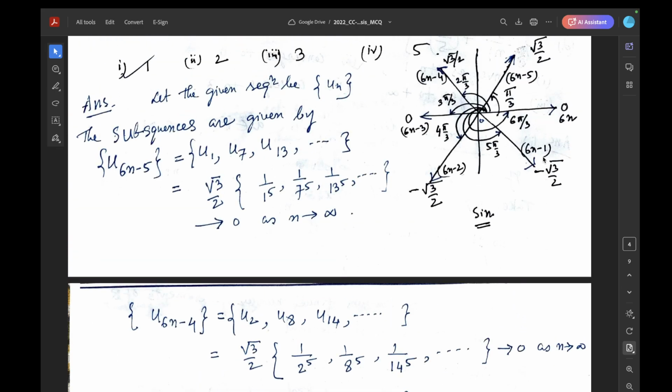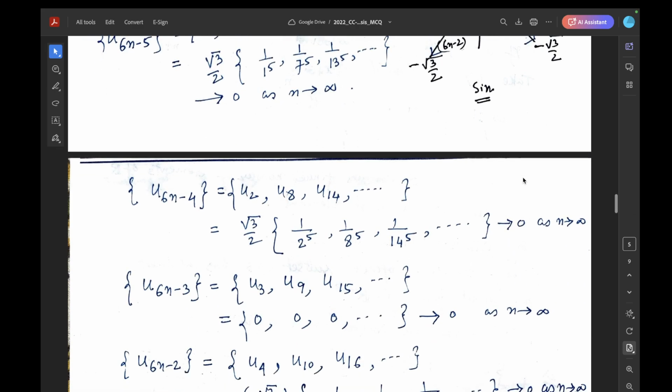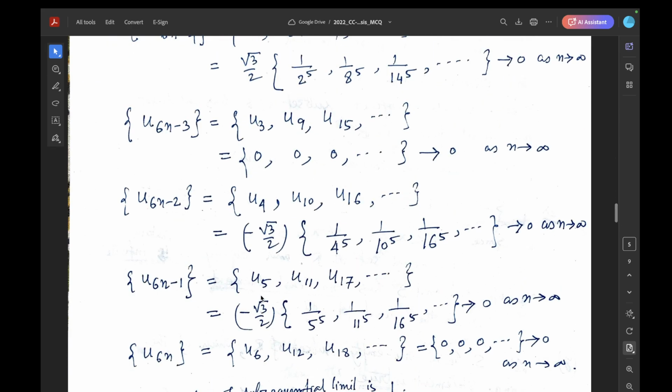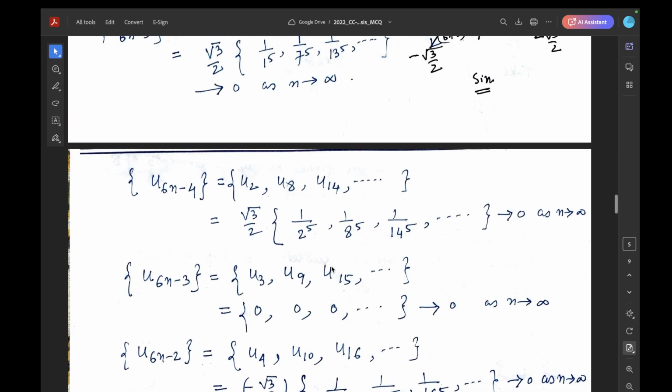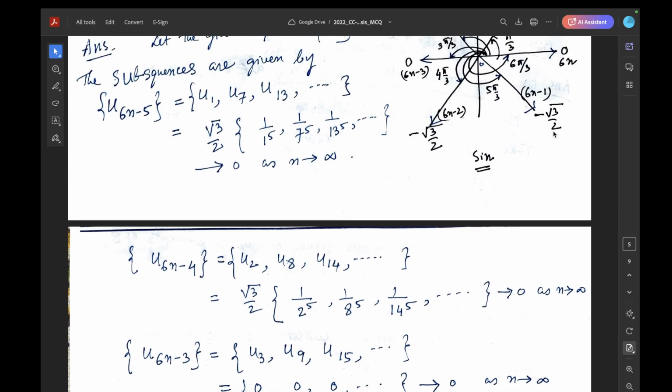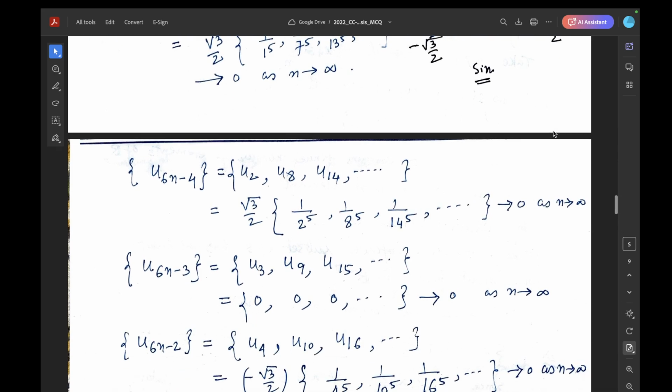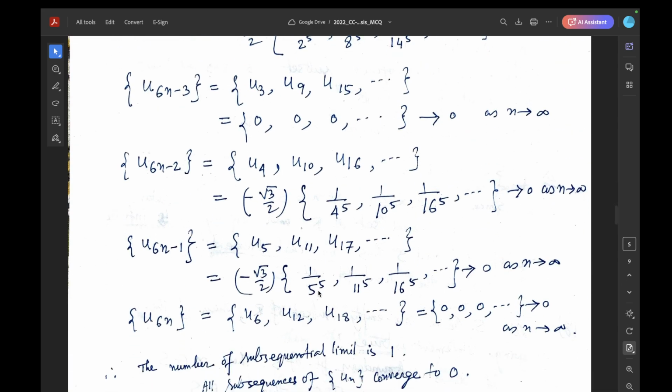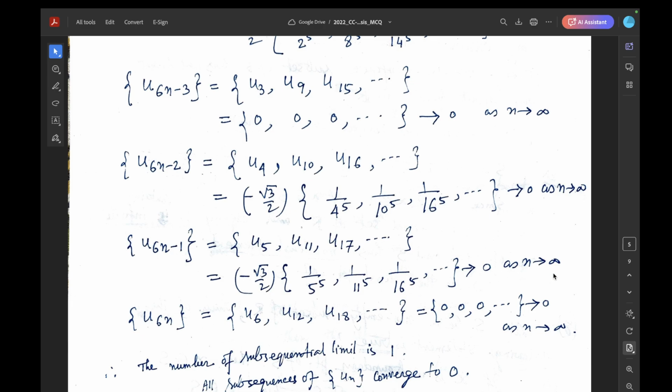And for the u6n minus 1 subsequence, that is u5, u11, u17 and so on, the value of sine is minus root 3 by 2, giving 1 by 5 to the power 5, 1 by 11 to the power 5, 1 by 17 to the power 5, which tends to 0 as n tends to infinity.